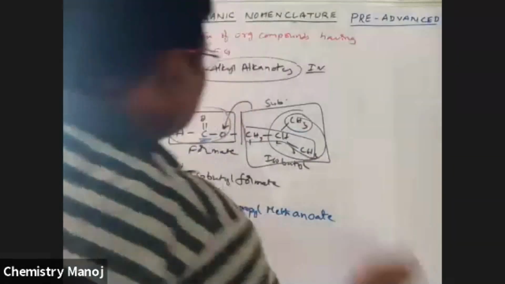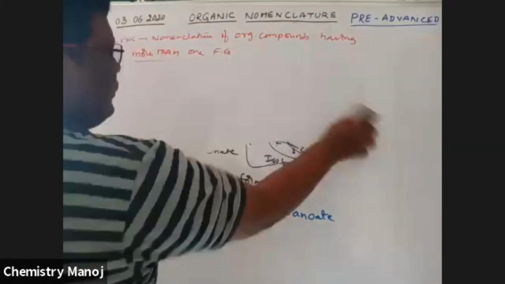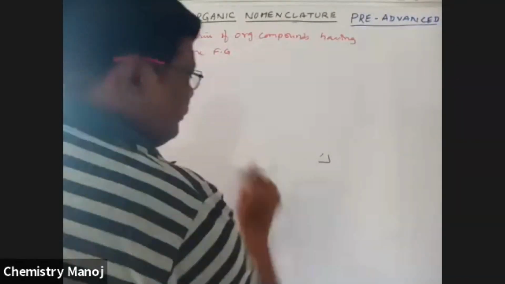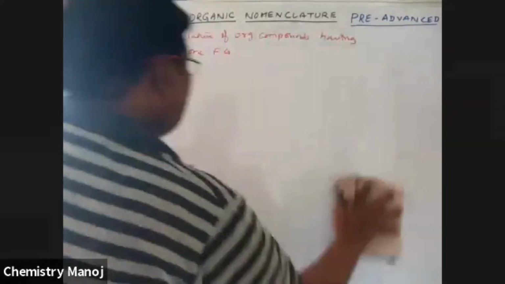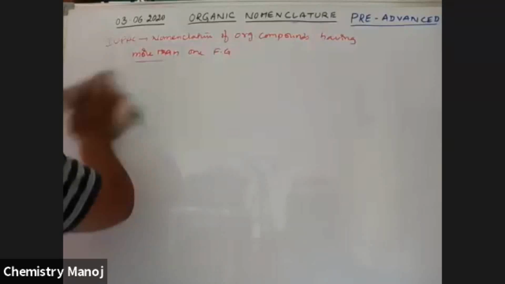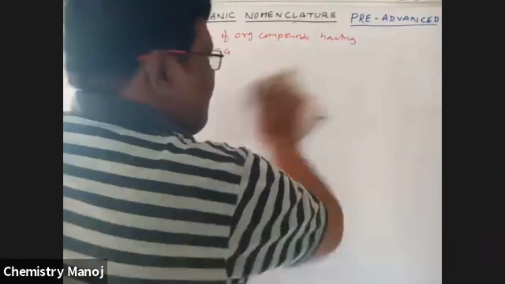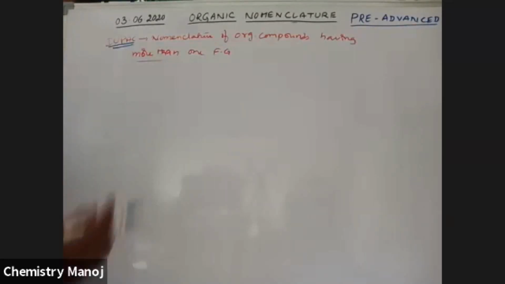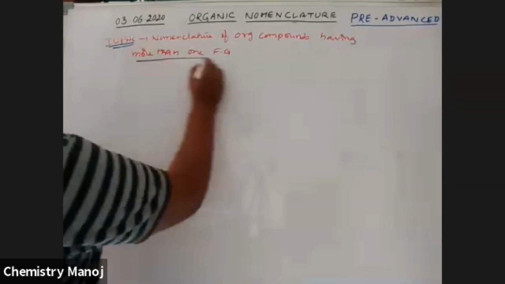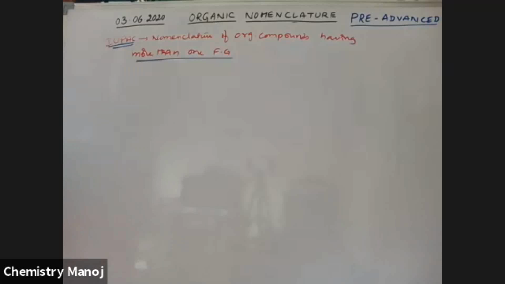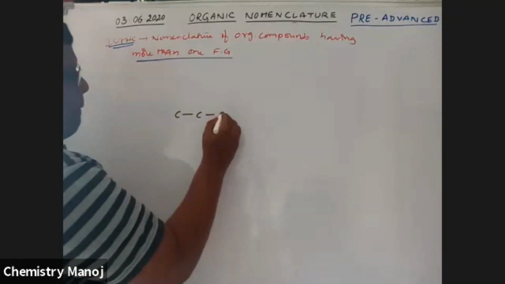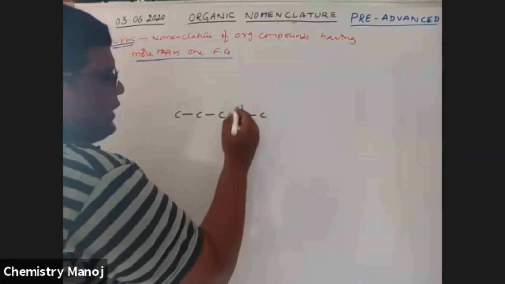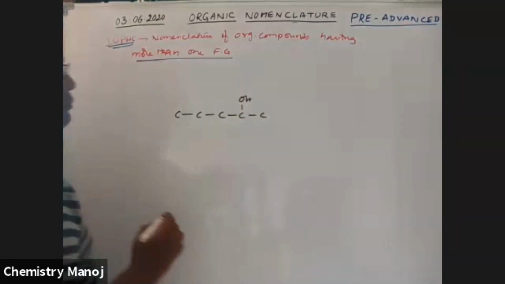Now we are taking cases where more than one functional group is there. Now I am taking the IUPAC nomenclature of carbon compounds having more than one functional group. So see here, this is OH.